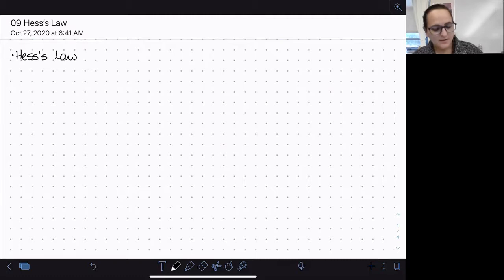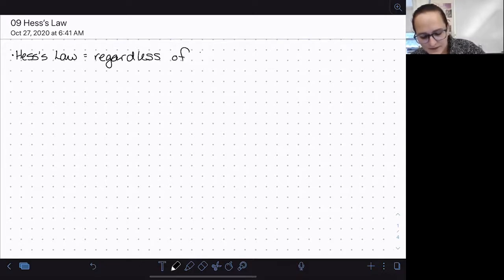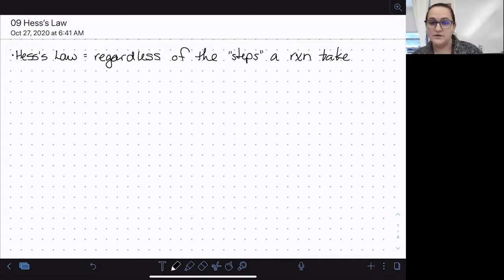So with Hess's law, the first method we're going to talk about for doing this, essentially what Hess's law tells us is that regardless of the steps that a reaction takes, the delta H for the overall reaction is just equal to the sum of the delta H's for the individual steps.